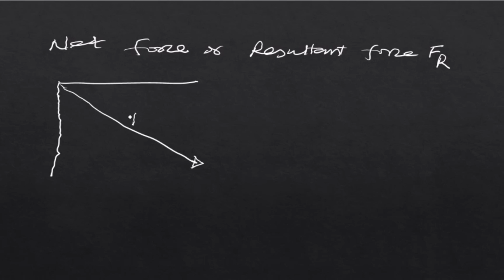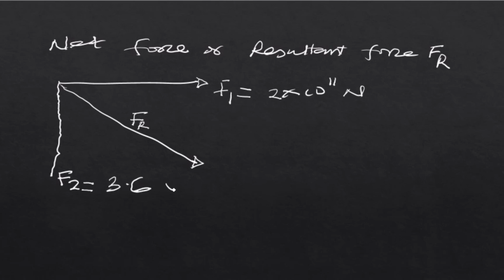So here we have FR, here we have F1, here we have our F2. So what is the value of F1? F1 is 2 times 10 raised to the power of 11 Newton, while F2 is 3.6 times 10 raised to the power of 11 Newton.